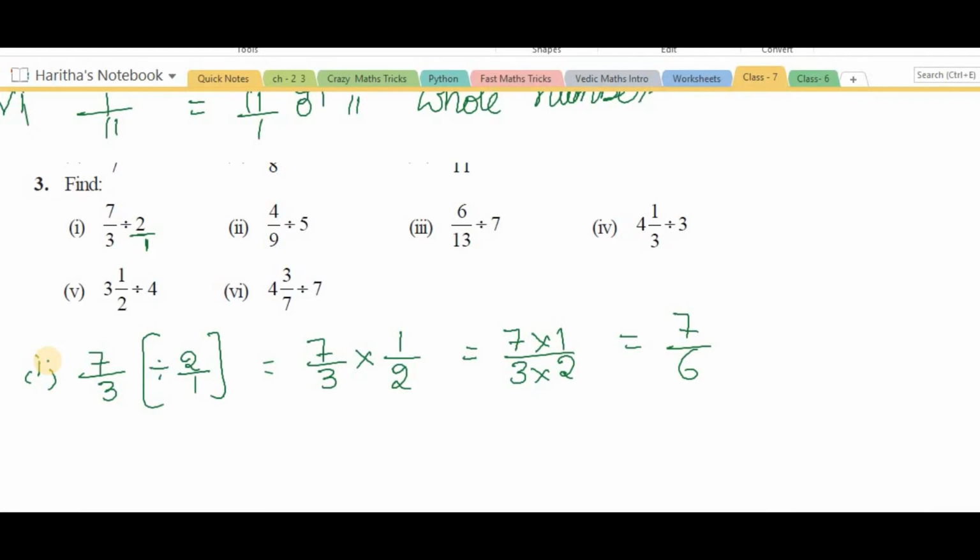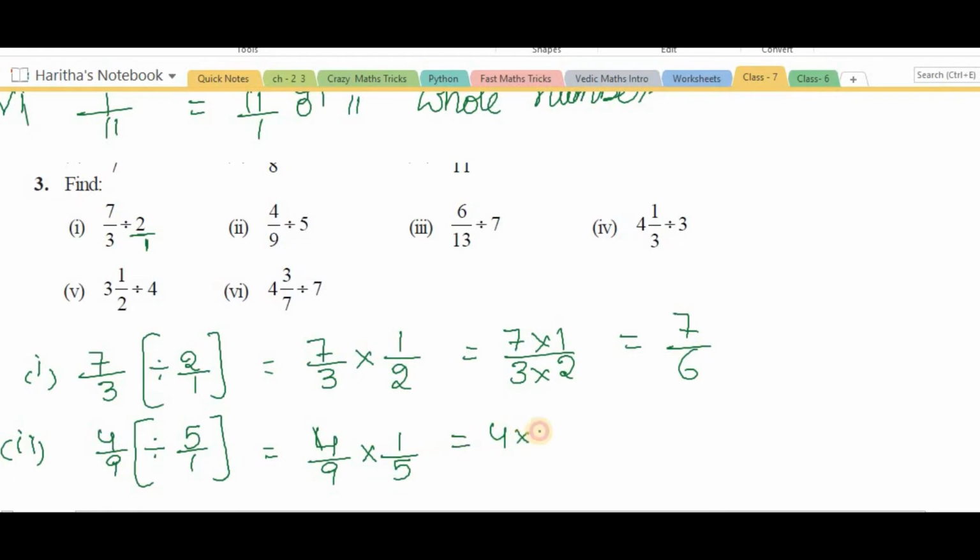Okay, so here 5 is a whole number, so again you have to consider that the denominator is 1. Now the reciprocal of 5 by 1 is nothing but 1 by 5. And there are no cancellations for numerators and denominators. Simply multiply numerators and denominators. 4 ones are 4, 9 fives are 45.